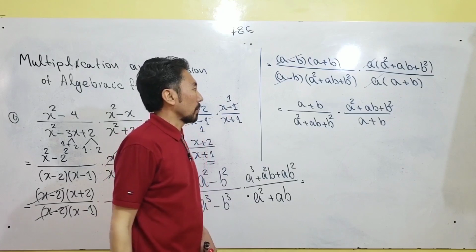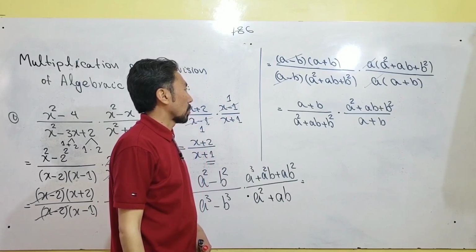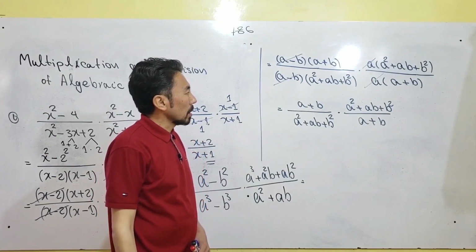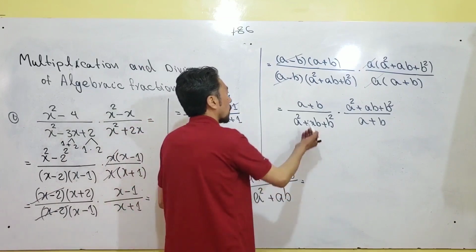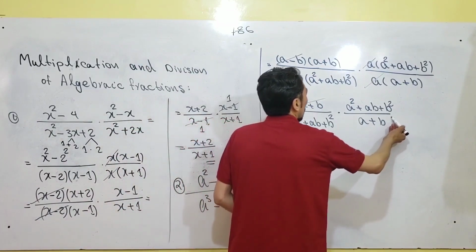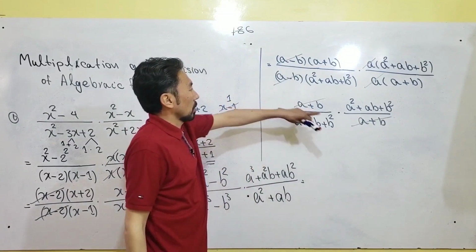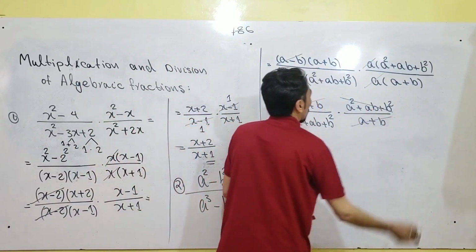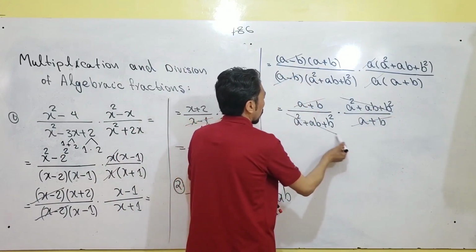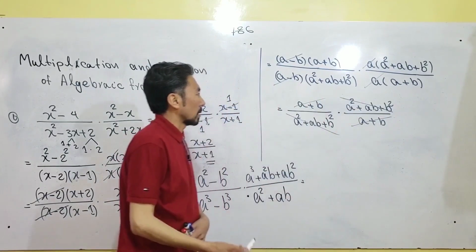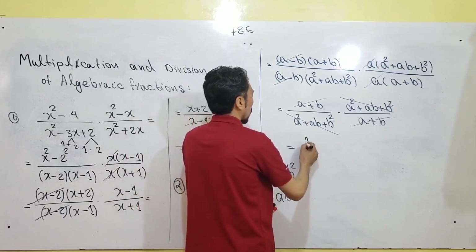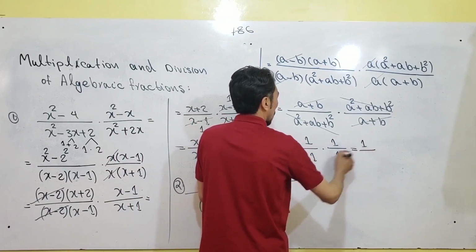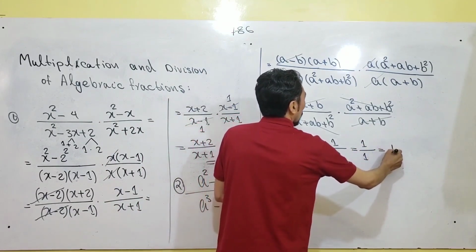You can divide the first numerator by the second denominator, and also divide the first denominator by the second numerator. Then here remains 1 over 1 multiplied by 1 over 1, then 1 by 1 is 1, and the answer is 1.